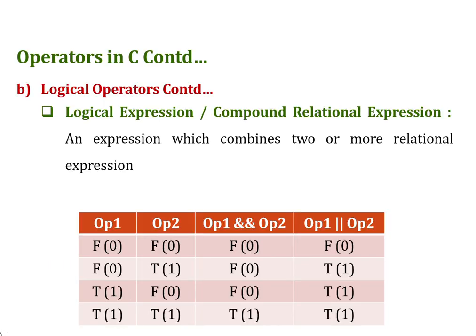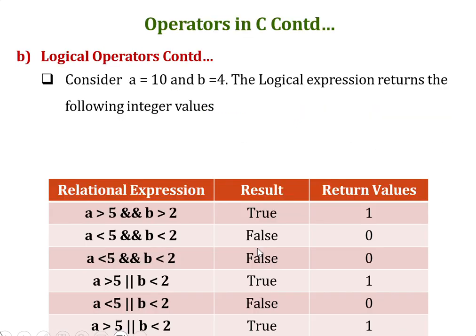It is going to follow this table: 0 and 0 gives 0 for and, and 0 or 0 gives 0 for or. So where it will differ is when both are 1, you get 1 in and; when both are 0, it will be 0 in or. All others will be 1 in or.